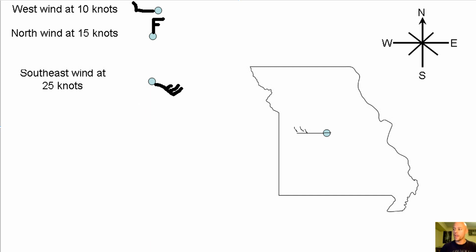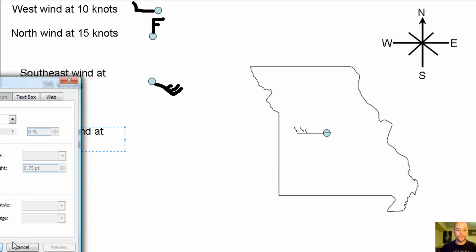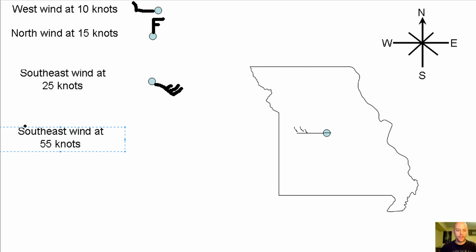Now if we move up to numbers that are much larger, say the southeast at 55 knots, remember, start with a point. Once we have the point, it's from the southeast, so we draw our direction that it's coming from towards the southeast.